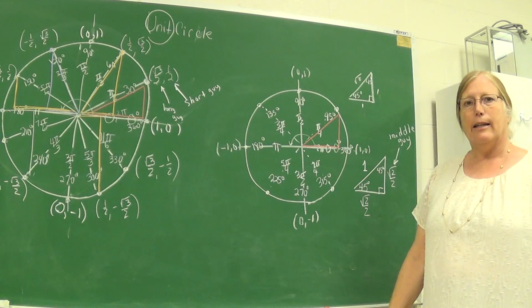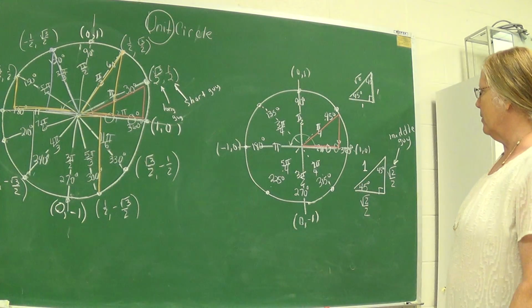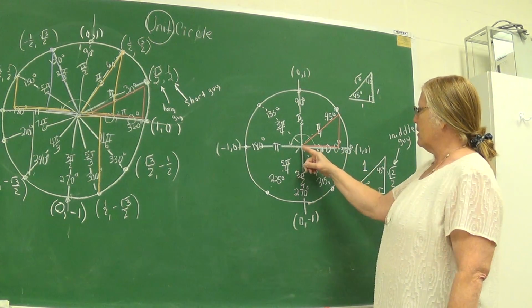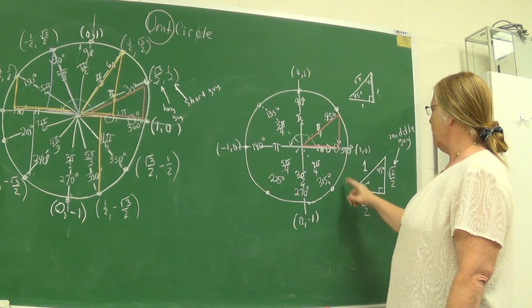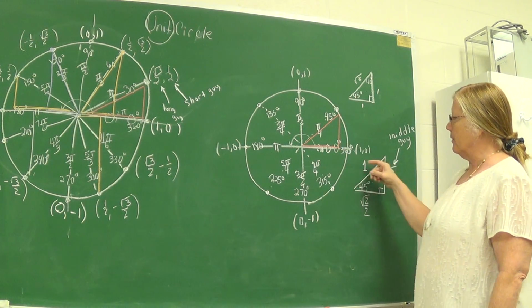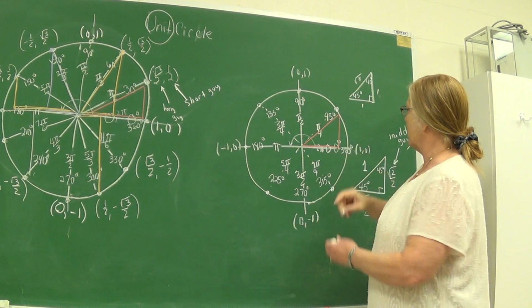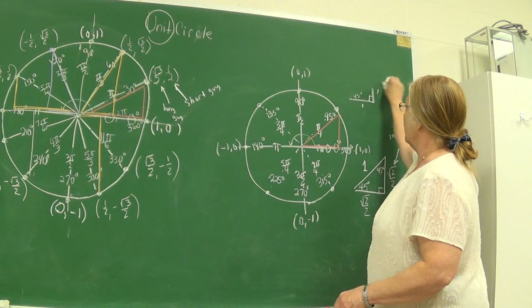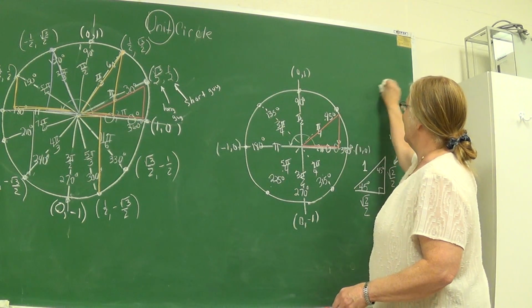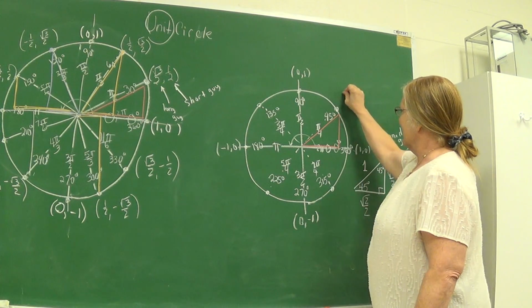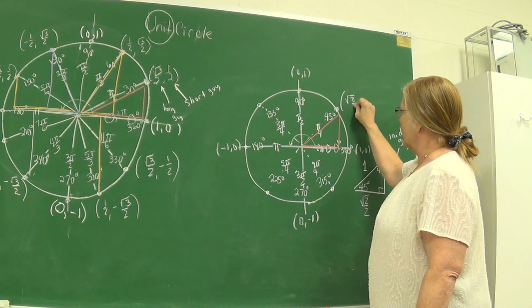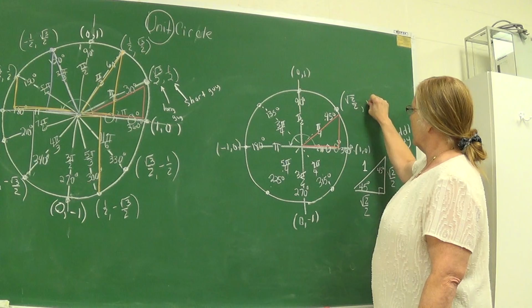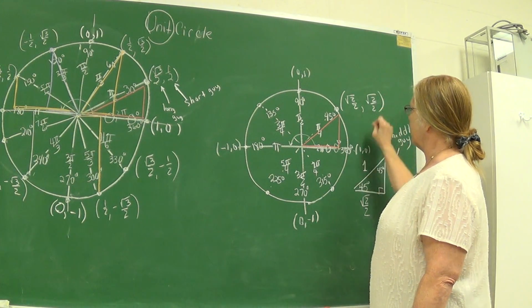We need to add that to our memory as we build the unit circle. On this one, we went over square root of 2 over 2 and up square root of 2 over 2. So this coordinate right here, thank you unit circle, thank you special triangle: square root of 2 over 2 over, and square root of 2 over 2 up.